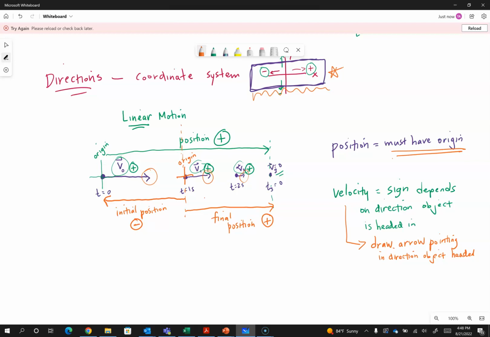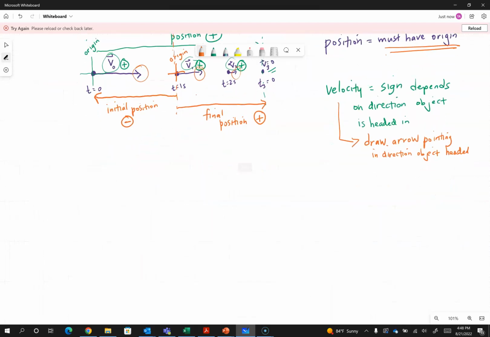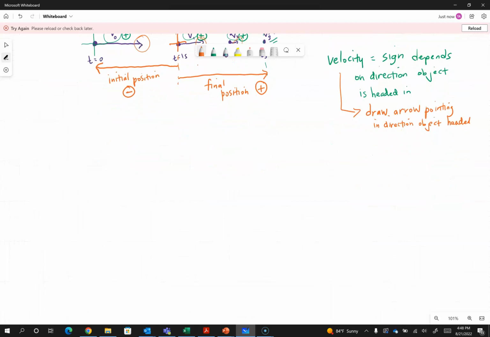So velocity, if I have, for example, let's say I have an object moving horizontally, and my origin is right here. I'm going to just write an O above that to represent origin.